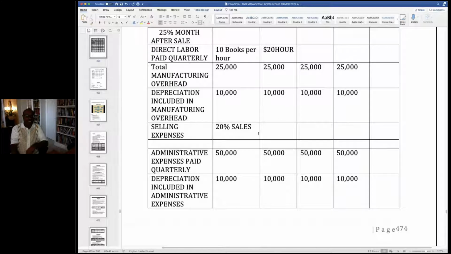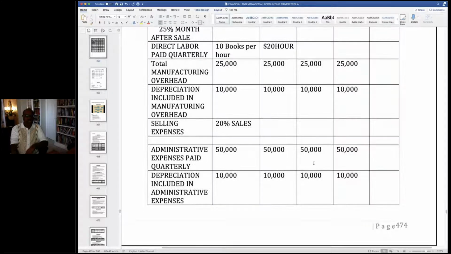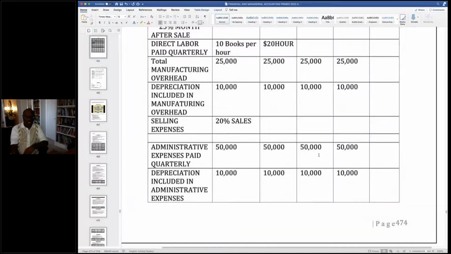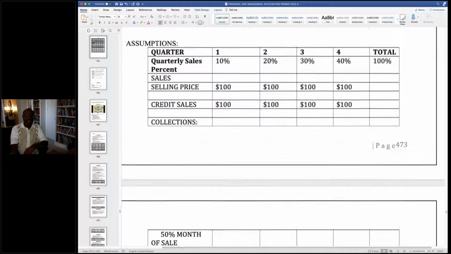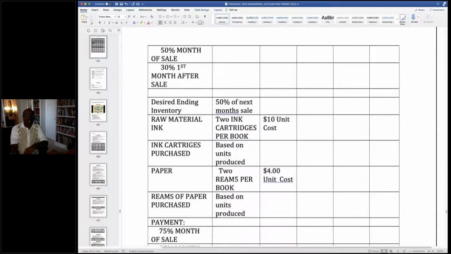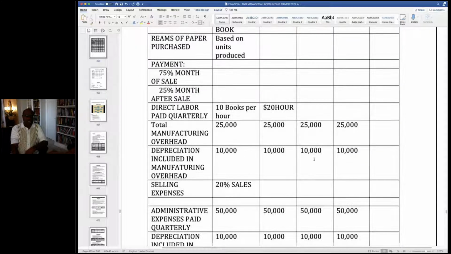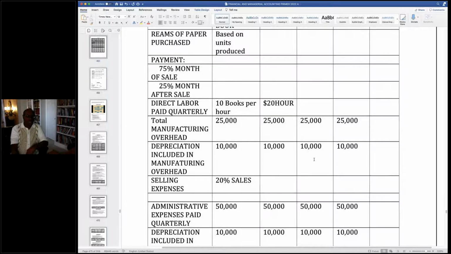Selling expenses, assuming 20%. And of course, you were working on all of this for your project, most of it, but you didn't have it quarterly. So the fixed expenses move quarterly. The variable expenses vary with production and sales.